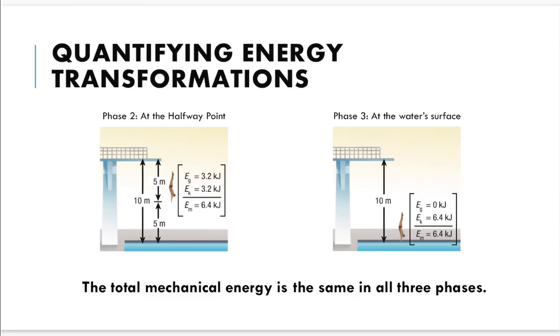Once the diver hits the water's surface, so the dive is over, the potential energy has been fully converted into kinetic energy, but again, the total mechanical energy has not changed. So within that system, the mechanical energy is the same as it was at the start. It's just in a different form.